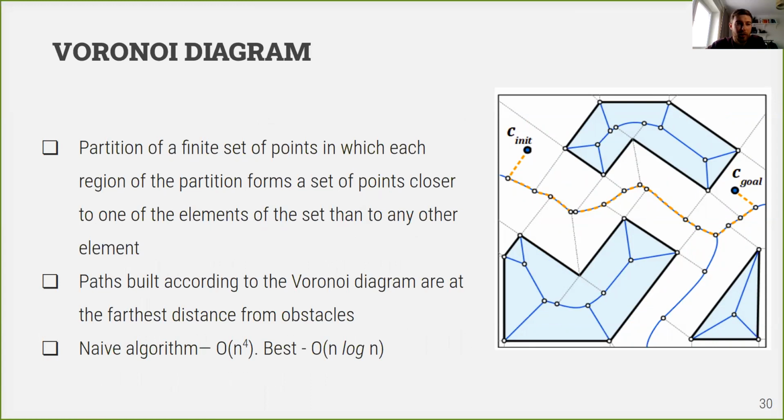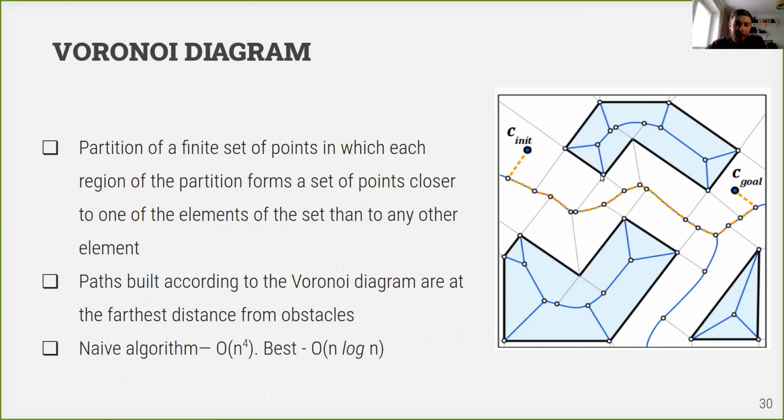So there is also an approach based on the Voronoi diagram, because this is a mathematical method which is used in many problems. So what is a Voronoi diagram for a plane?